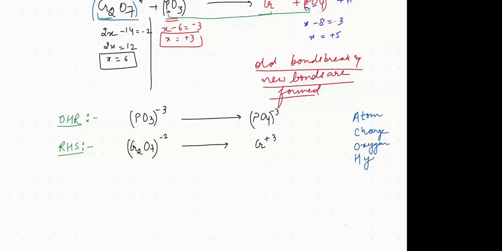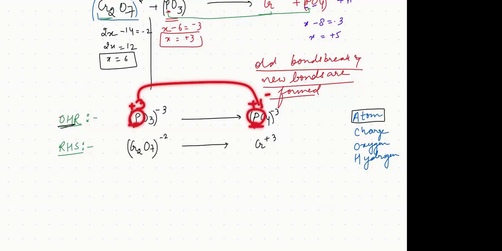So when we are talking about atom, first you look into both the equations. Now, whose charge are you finding a change in? In the oxidation half reaction, you are finding a change in the charge of phosphorus from +3 to +5. There is only one phosphorus on both sides.